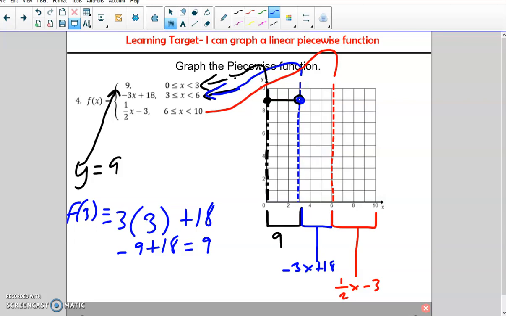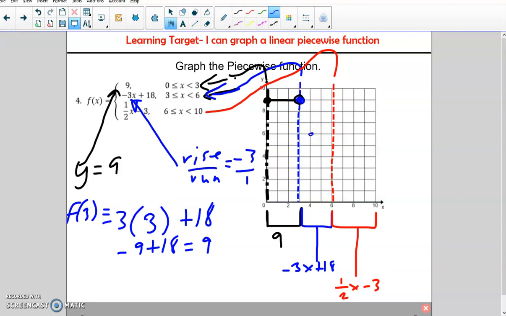And now, this is linear, so at your boundary value, you can simply use your slope, which is -3. So my rise over run I can write as -3 over 1. So I'm falling down 3 and running over 1. You always run to the right, from left to right.